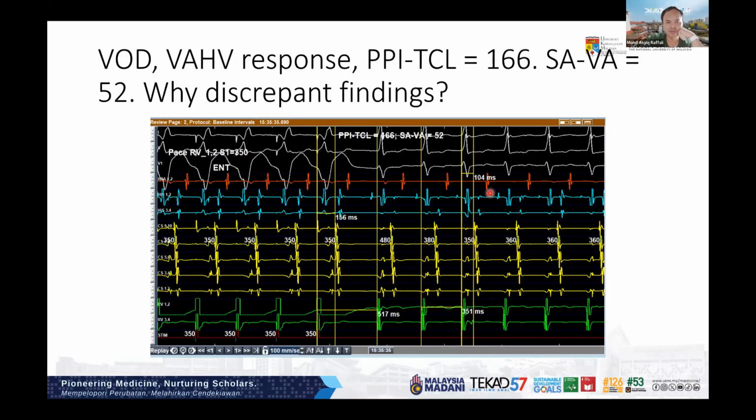Okay, so this is basically the VOD. But the VA interval remains the same during tachycardia, about 100 milliseconds. The difference is just the AH. On pacing, the VA is slightly prolonged, probably about 156 from V to A, but during tachycardia it's about 104.